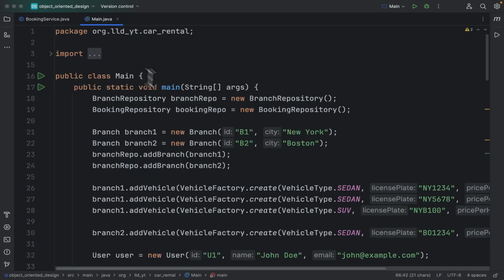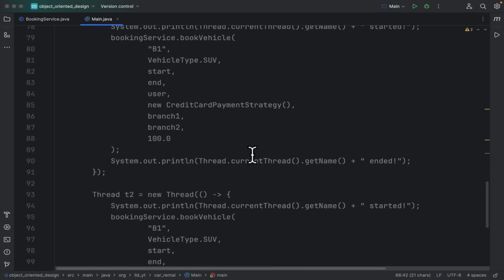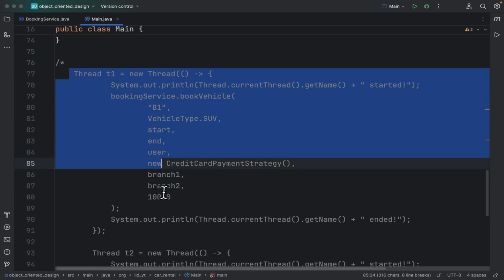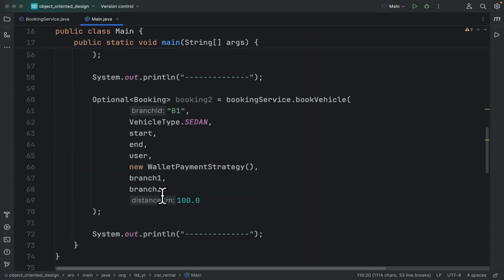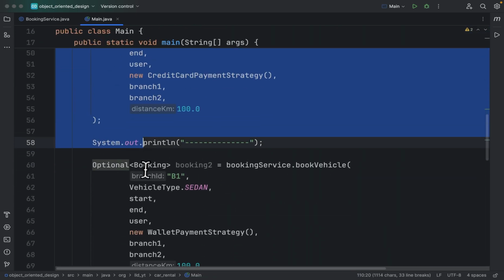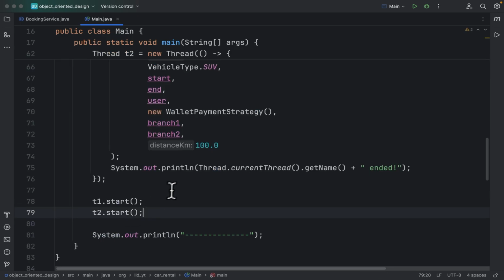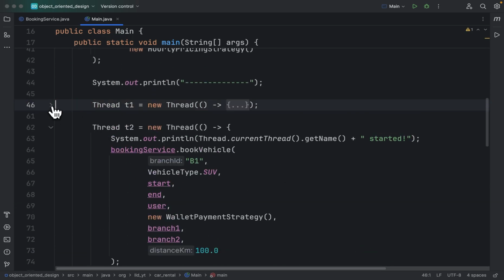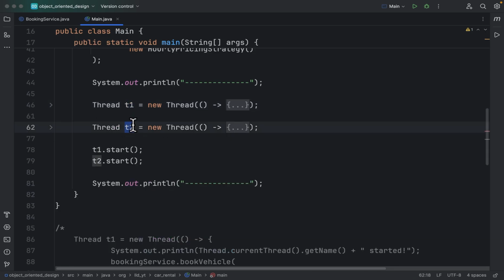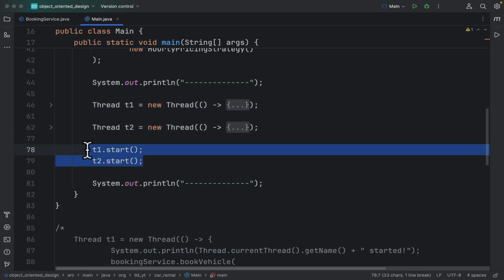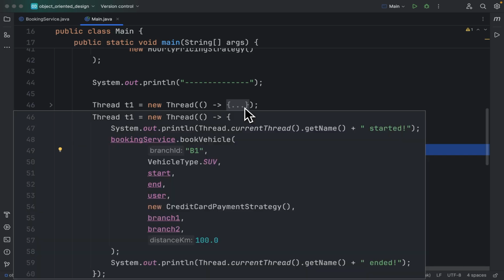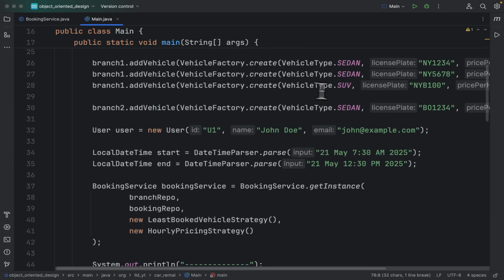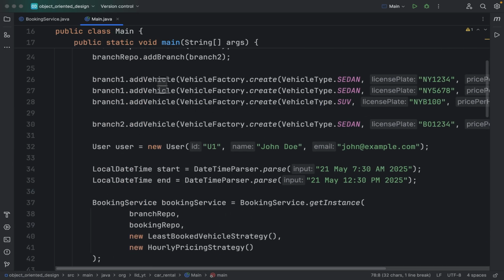But now let's try to simulate the multi-threaded code as well. What I've done over here is I have two threads, T1 and T2, and both of them will try to book the SUV simultaneously from branch B1.